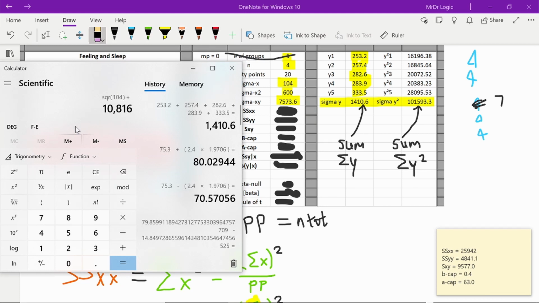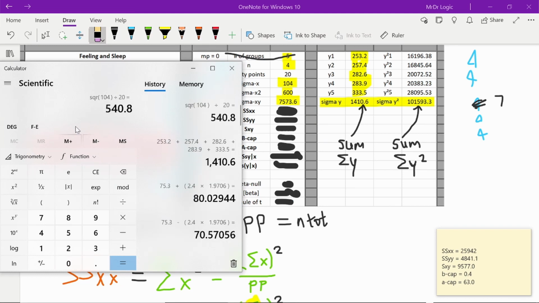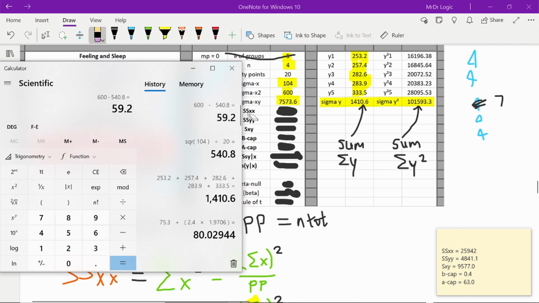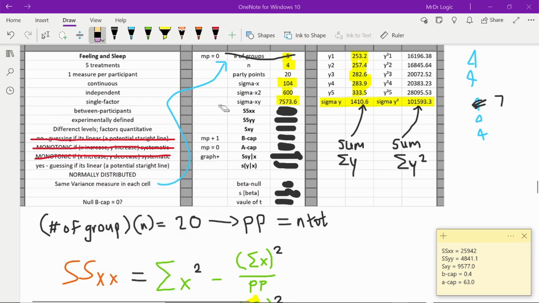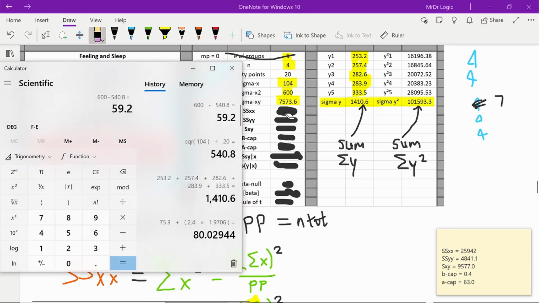Divided by 20. That's such a nice number. 600 minus 540.8. I think the measurement precision was 1 for this question. It could be 1. Not sure, but voila.